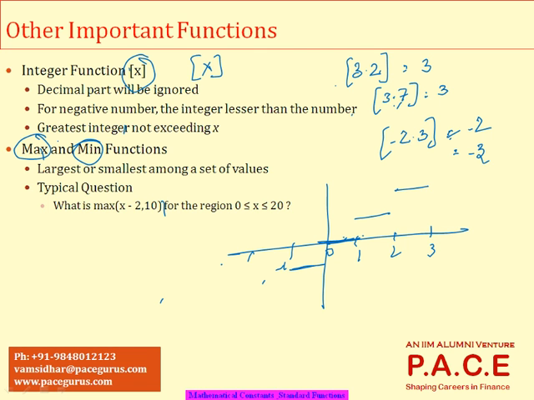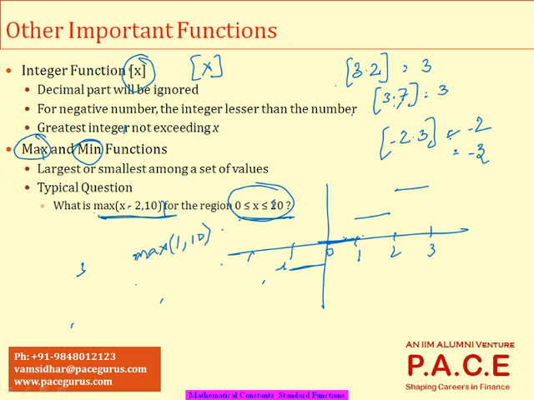It's straightforward. Let's say I'm asking for the maximum of x minus 2 comma 10 in the region 0 less than or equal to x less than or equal to 20, which also means x lies between 0 and 20. Now if x equals 3, it is 3 minus 2 and 10, so maximum of 1 comma 10, definitely 10 only.